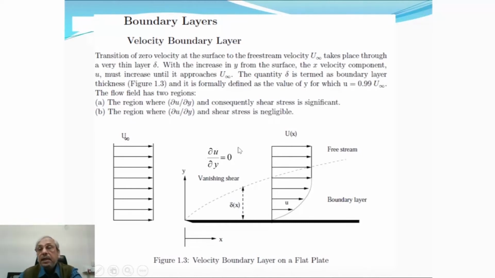But it was the genius of Professor Prandtl who discovered that there lies a very thin viscous layer immediately on the surface, and fluid velocity, which is zero on the surface, increases slowly to the full scale velocity, which is u infinity, through this thin layer, and this thin layer is called the boundary layer.